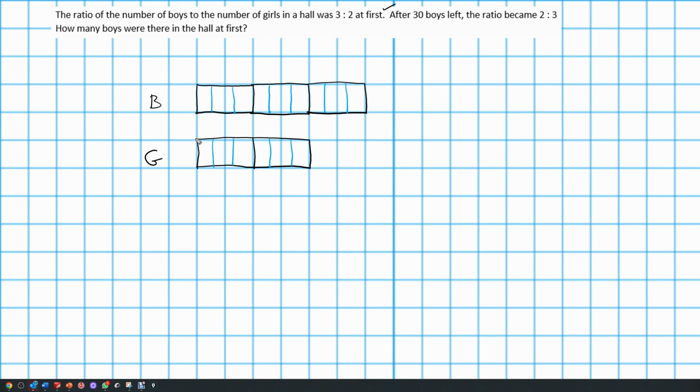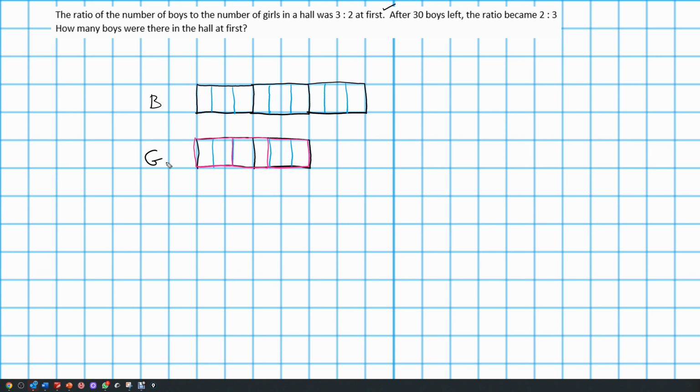What are my 3 parts? Well, that's 2, because there's 1, 2, 3, 4, 5, 6 parts here altogether. I want 3 parts, so 2 of these make one of the new parts. So that's 1, 2, and 3.